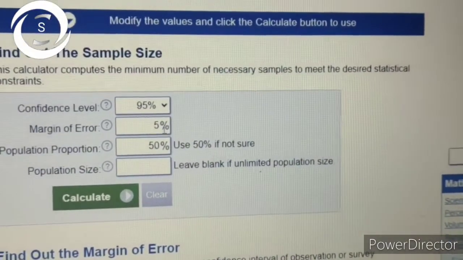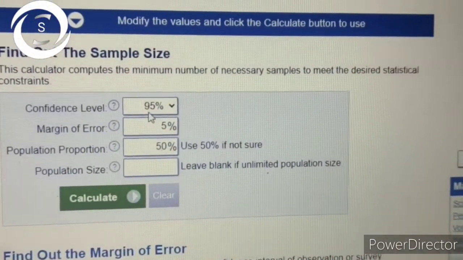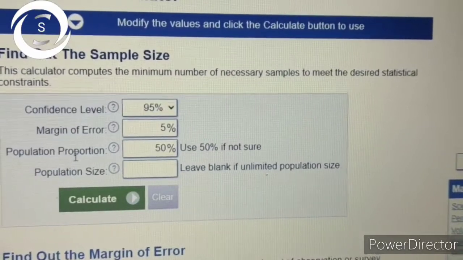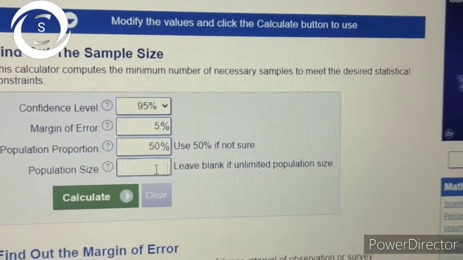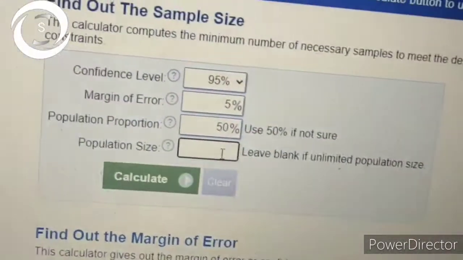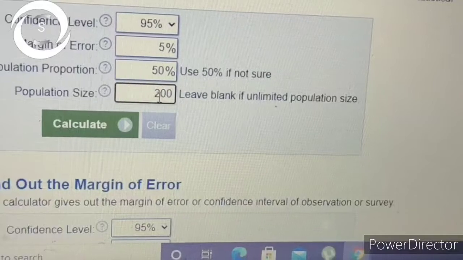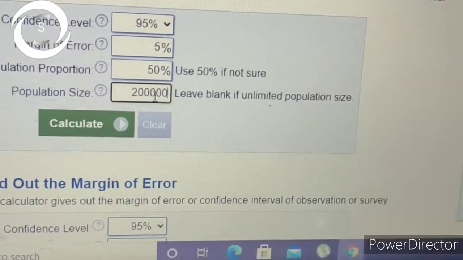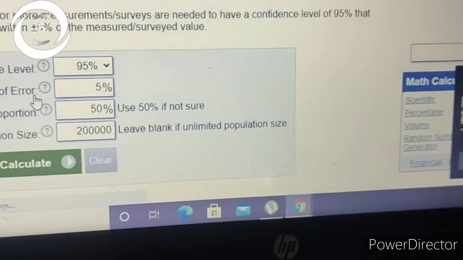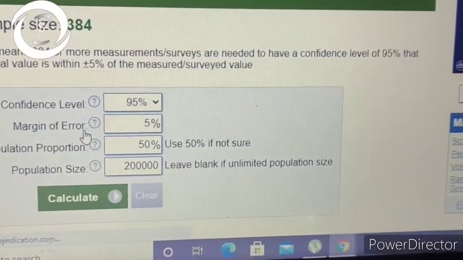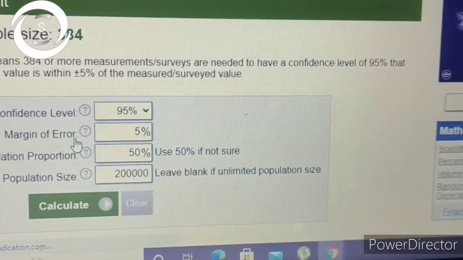Now again look at this: confidence level is 95%, margin of error, population, proportion. You just need to know the population. 20,000 and 2 lakh. Calculate. 384. So again it comes to 384.